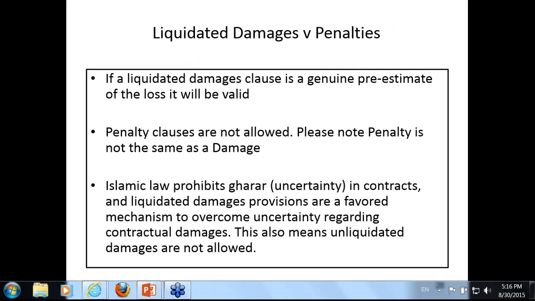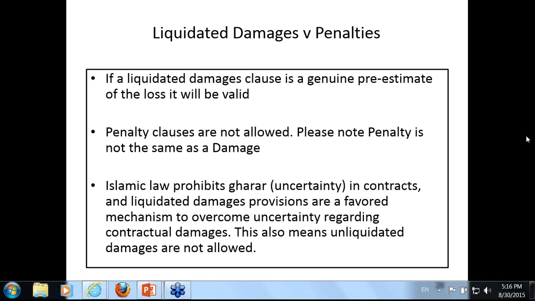This is a commercial agreement. It is not criminal law. You are not allowed to penalize. I know it exists here. In a slight side note, Islamic law strictly prohibits the use of penalties.